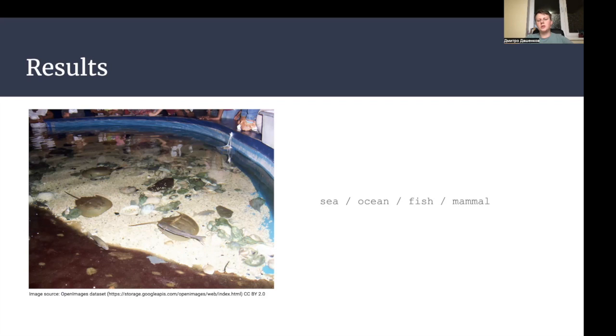Another example, which is a negative case where the model didn't work quite well, is this image with a fish in an aquarium. The model did not recognize the aquarium, although it considered it to be sea or ocean, and it also found the fish, but it also output the tag mammal, which supposedly means that it doesn't really distinguish between fish and mammal, which is the result we expected.